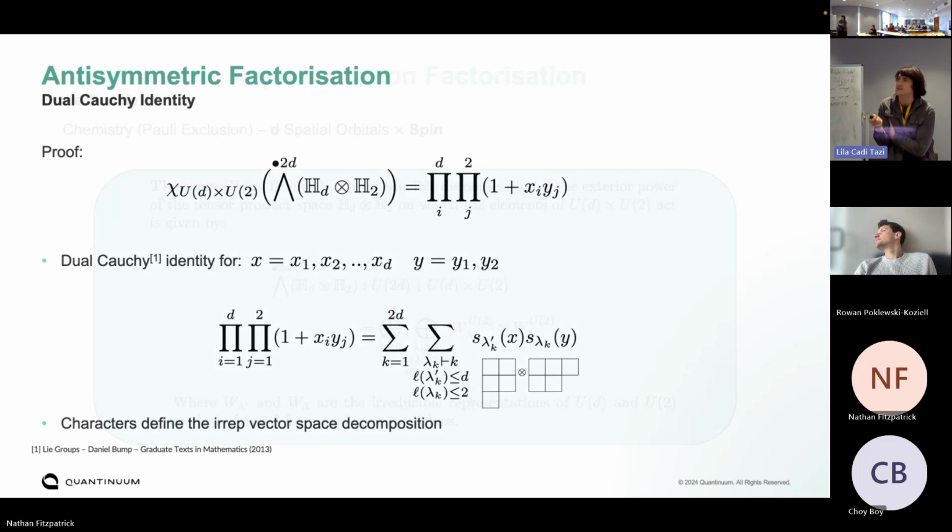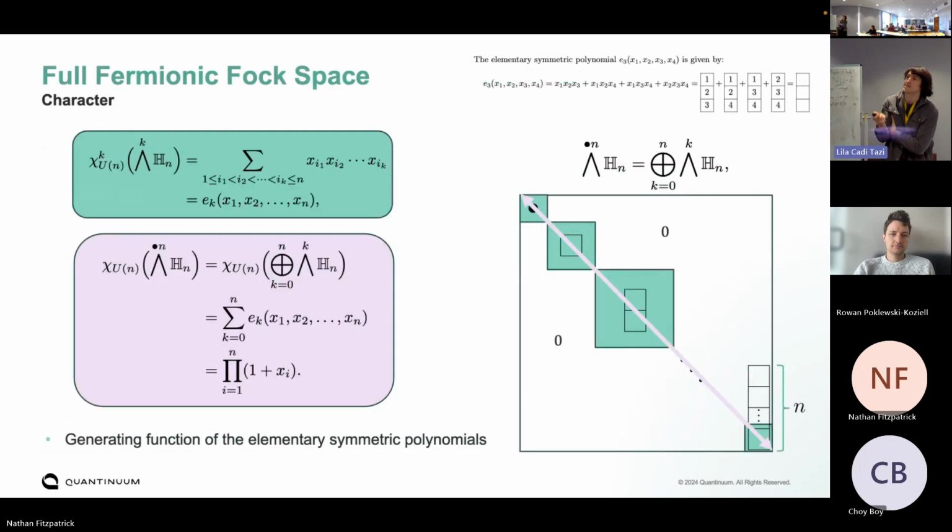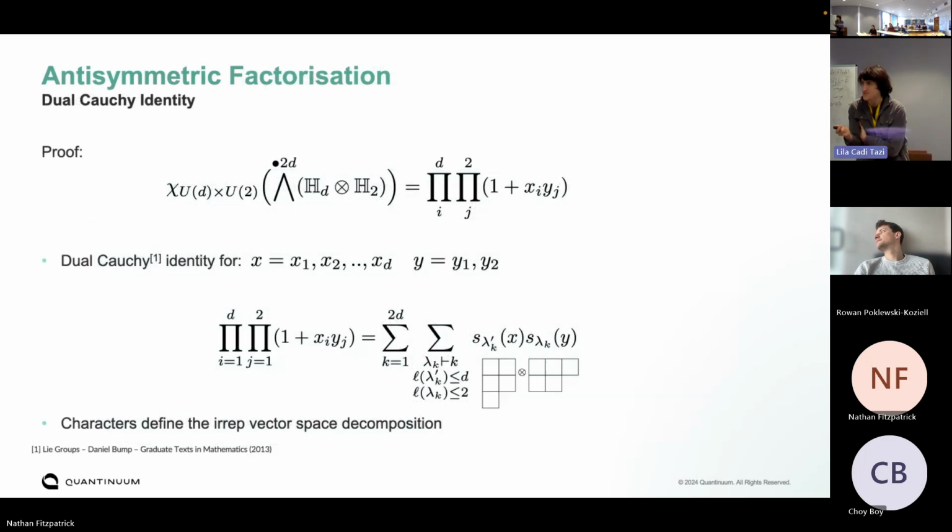So if we go back to this guy, but now because we're not in a Hilbert space of n, we're in this direct product Hilbert space. Then this identity becomes this, which is now broken up over d, sum over I for d, where the x variables of the I are the trace of the d-dimensional standard irrep, and the y variables are the trace elements of the two-dimensional standard irrep of the U2 group.